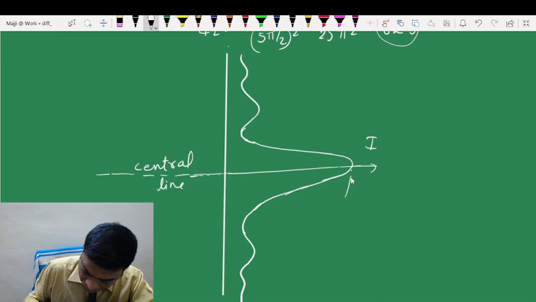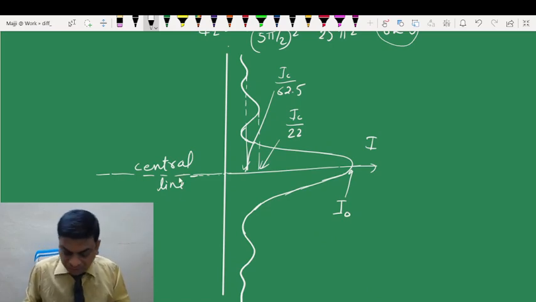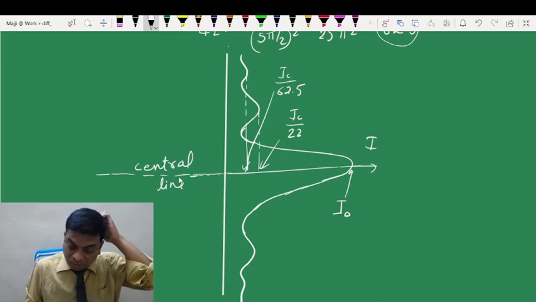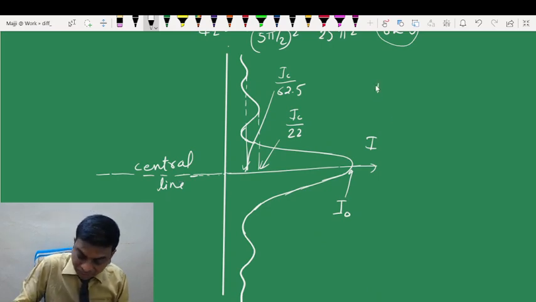This is I naught, then this will be I naught by approximately 22, and this is I naught by 62.5. This is the intensity distribution of the diffraction pattern as observed on the screen.